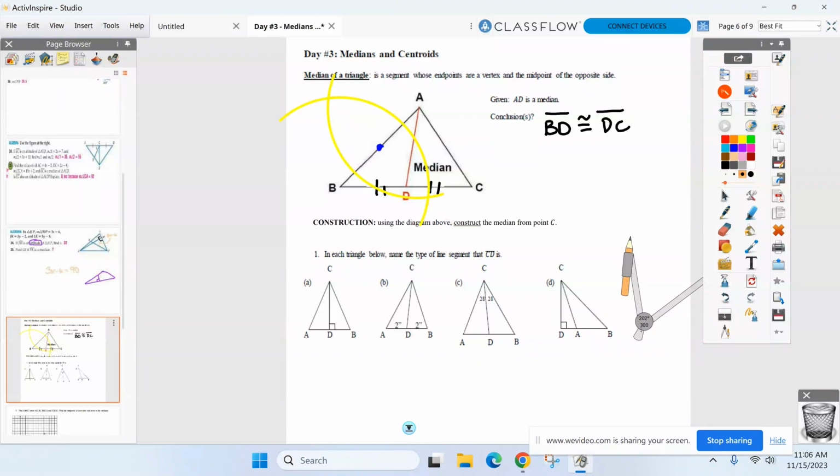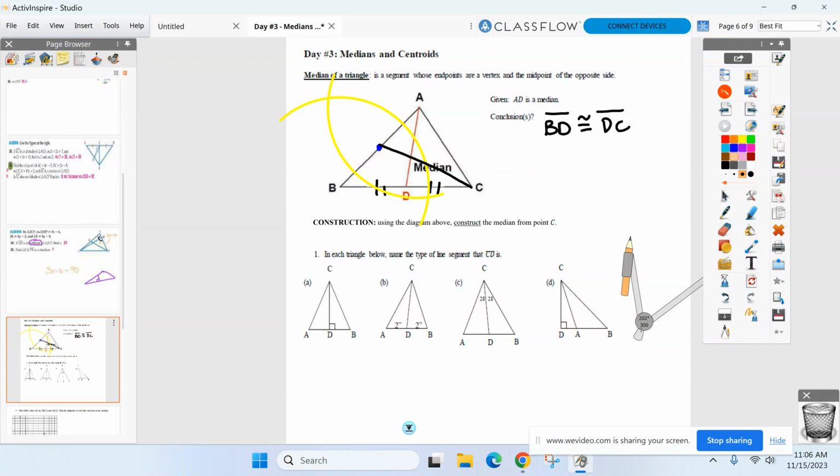Now line up your straightedge with point C and the midpoint. And you've just constructed a median. So perpendicular bisector and median, same construction.